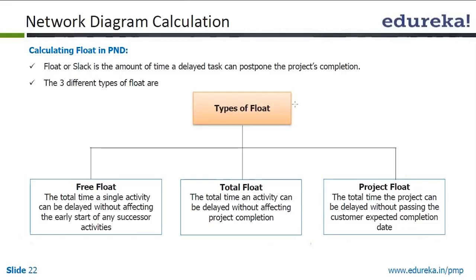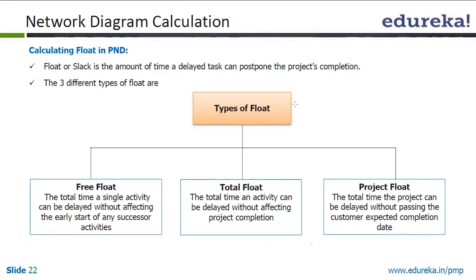Whereas total float is the total time an activity can be delayed without affecting the project completion. So it might affect the next element, but it will not affect the overall project delay.